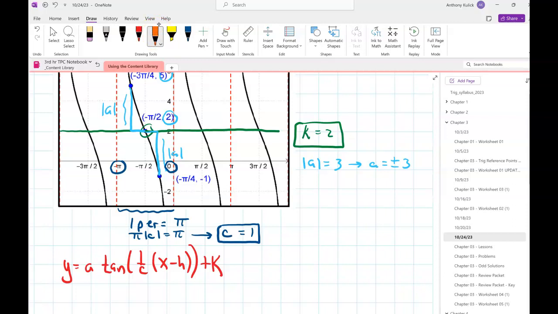The last thing I need to do is find whether A should be positive or negative and our value for H. I'm going to do that the exact same way we've done before. I'm going to pick a point from the parent function of tangent. I'm going to use the point (0, 0) because I want the point whose x-coordinate is 0.